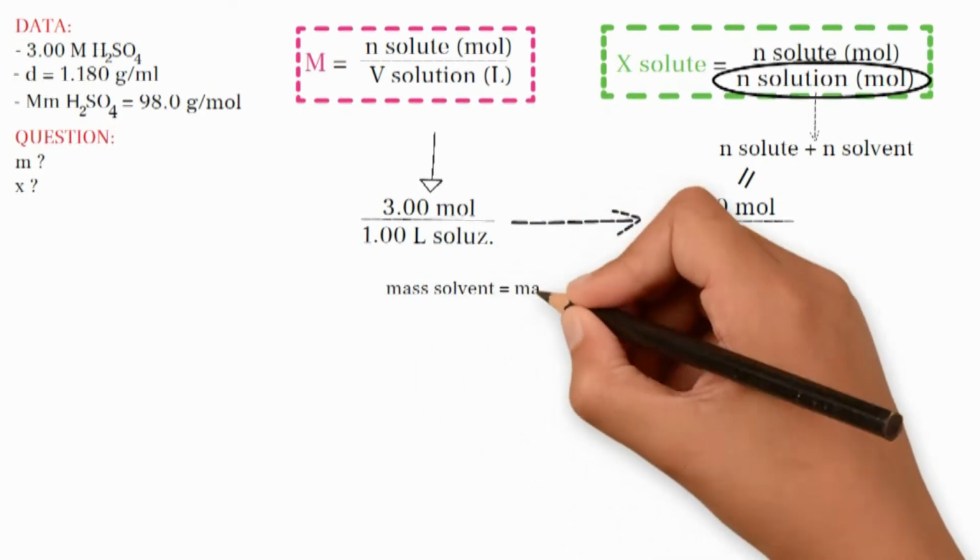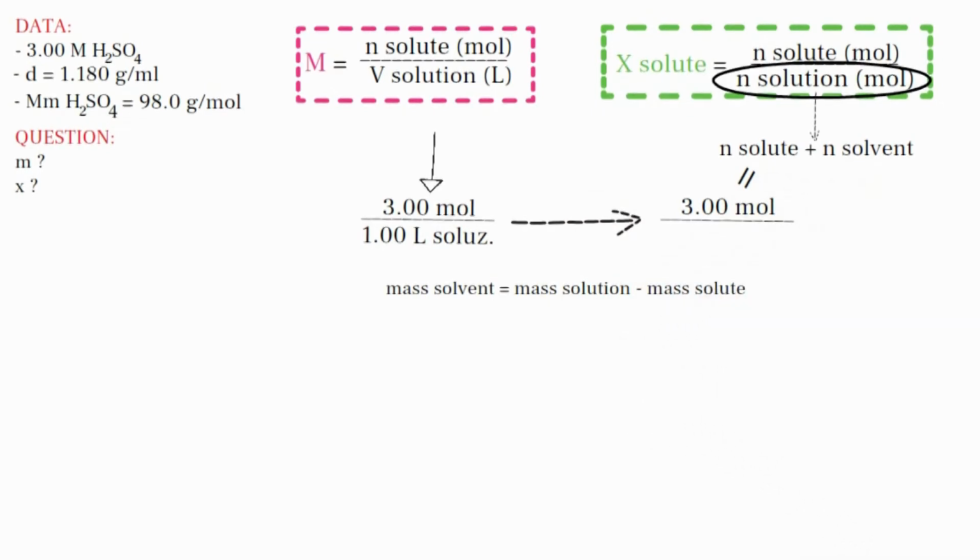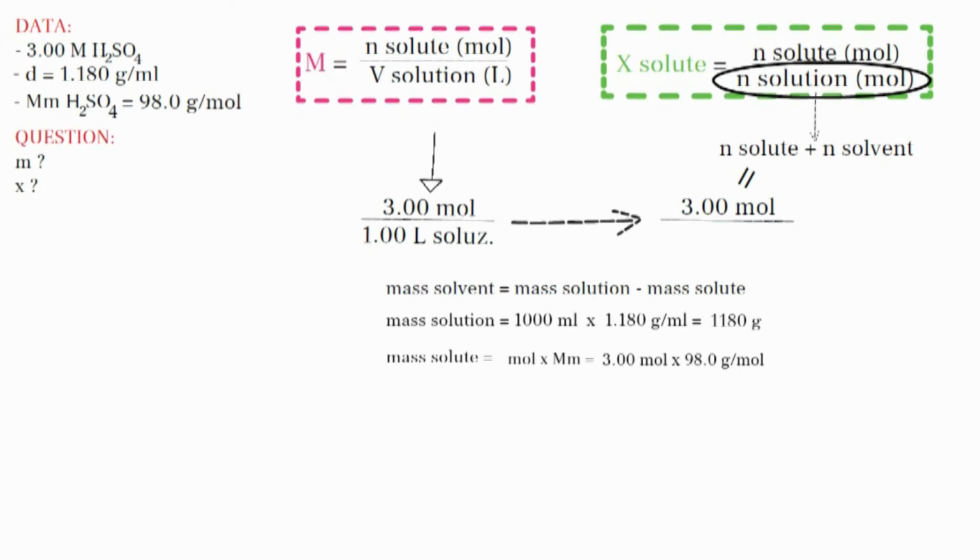We have calculated the mass of solvent before, and we said that the mass of solvent is the mass of solution minus the mass of solute. So we did all of this calculation, if you remember. We calculated the mass of solution using density, then the mass of solute using the molar mass of sulfuric acid, which was 294. The mass of solvent was 886.